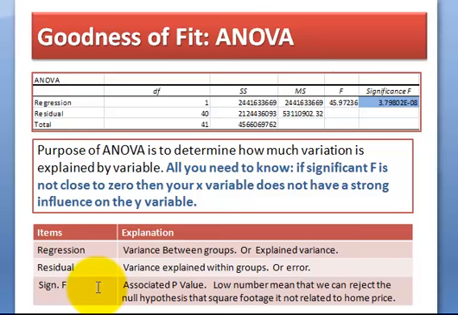And remember what a p-value is. That's the probability of this event happening just by chance. So what we're basically doing with the ANOVA is saying the null hypothesis is that square footage has no relationship or no impact on the price of a home.